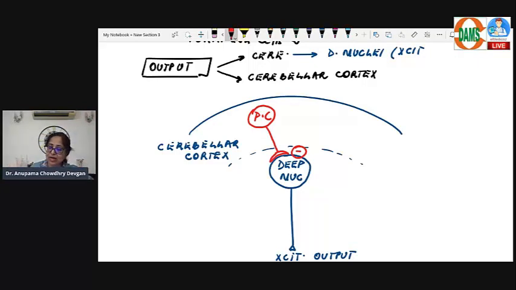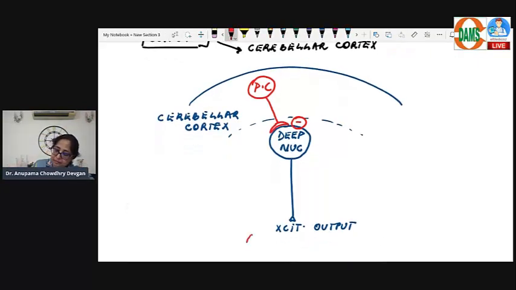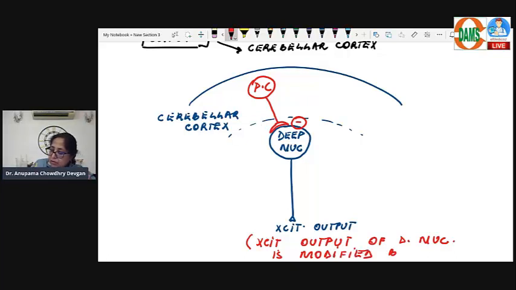So the excitatory output of the deep nuclei is modified by the Purkinje cell, right?